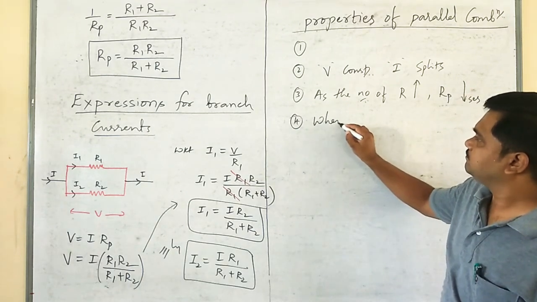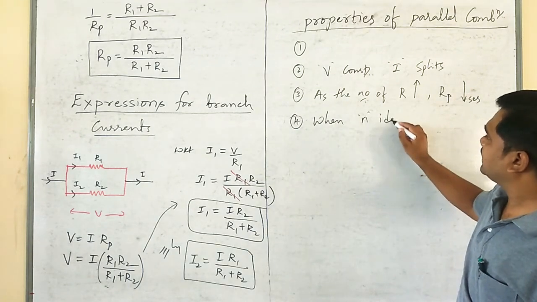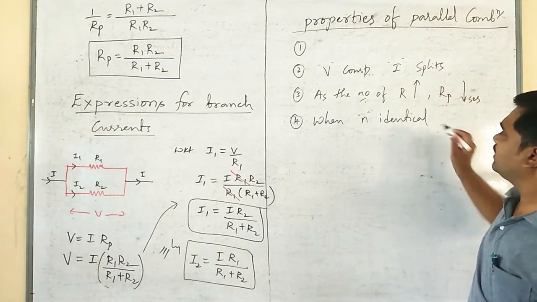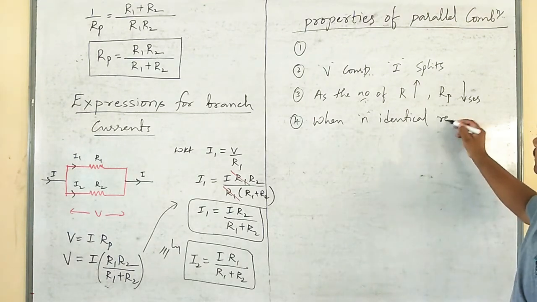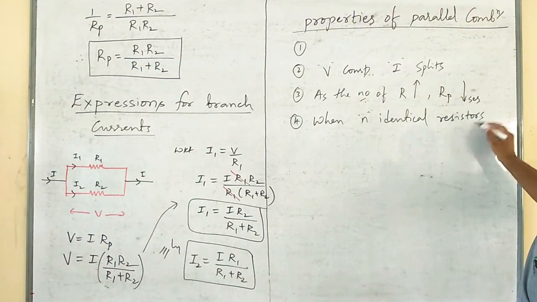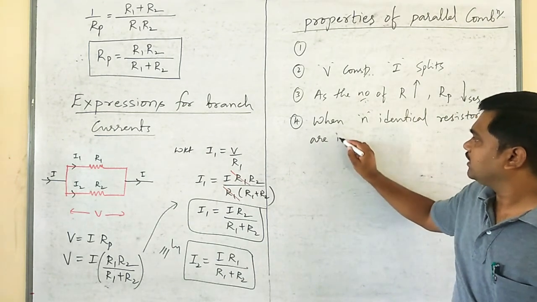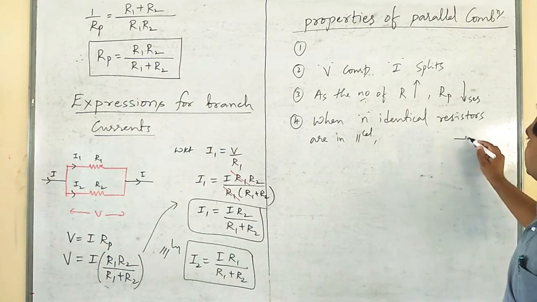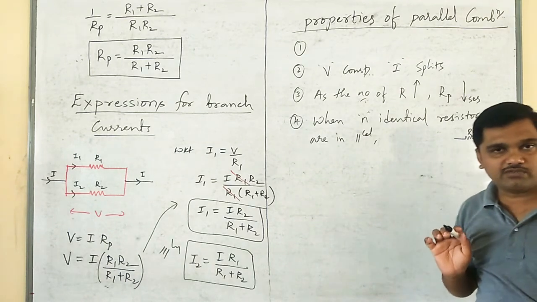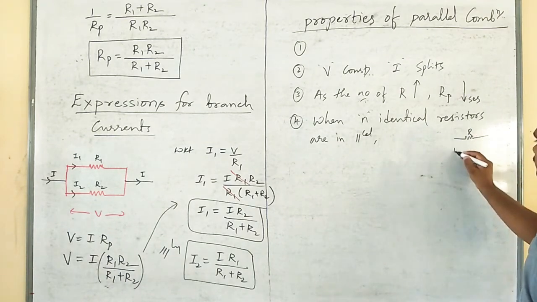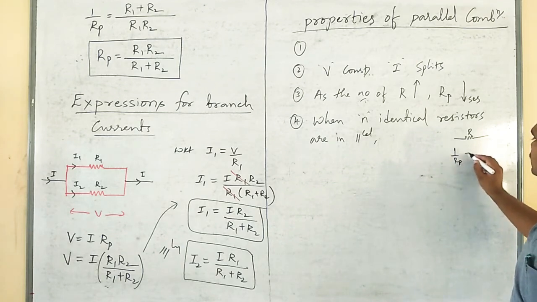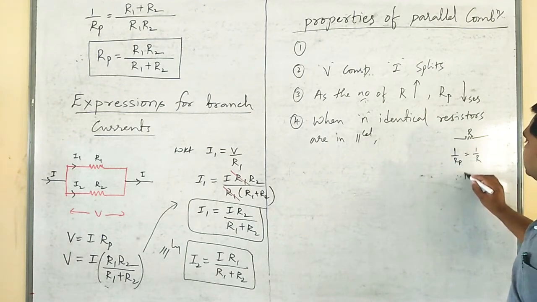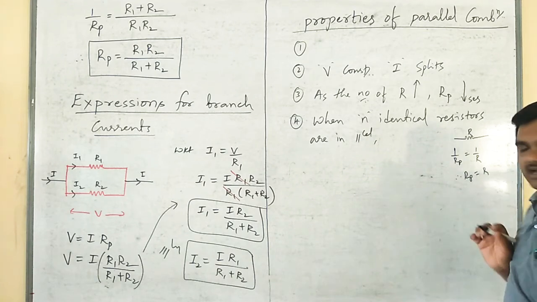Okay. Next, when n identical resistors are in parallel. Suppose one resistor is there, then the value of Rp is what? 1 by Rp is equal to 1 by R. Therefore, Rp is equal to R only.